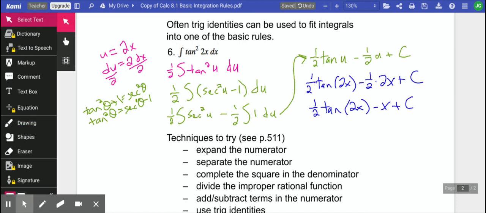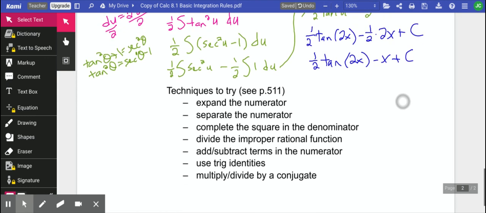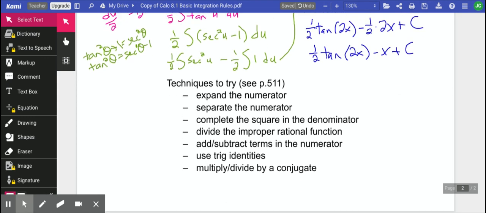All right, so some techniques that you can try as you're working through these antiderivatives in this section. I strongly encourage you to look at page 511 because I think it has examples of all of these types of problems that would use each of these strategies. Expanding the numerator, so sometimes like foiling it out.